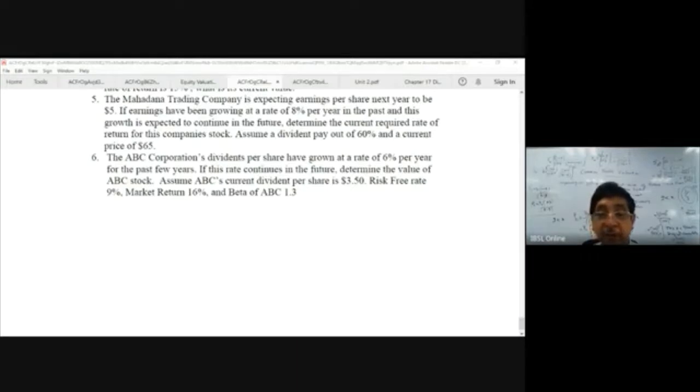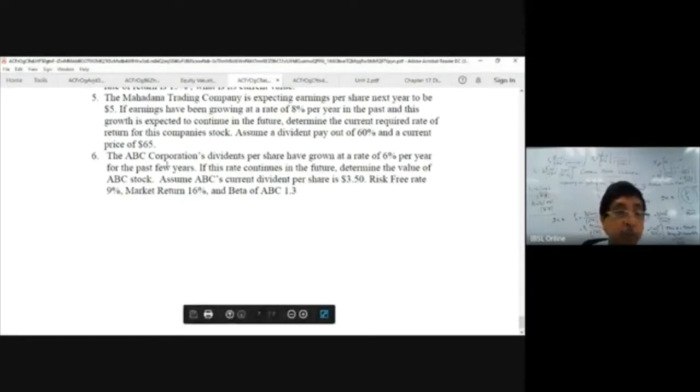Right, Laknath and Chamali have done it, the required rate of return calculated. Others should also try.